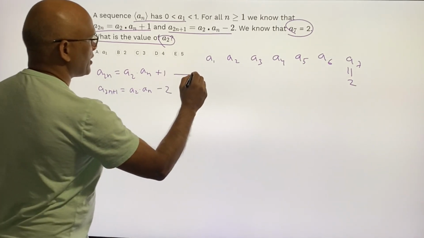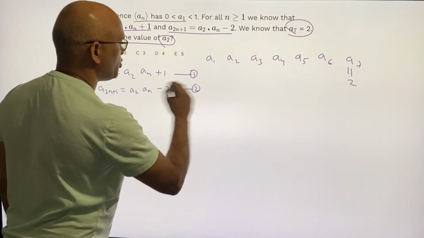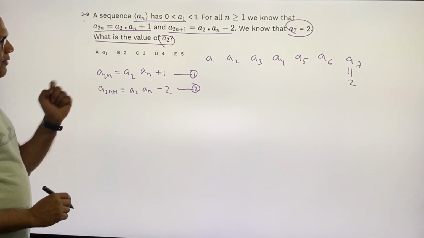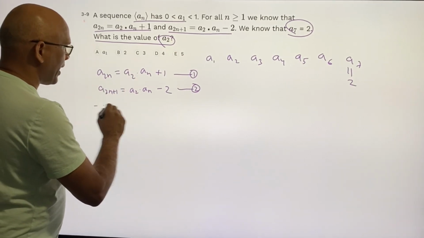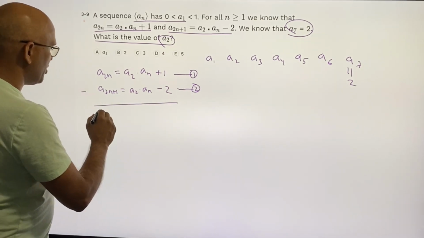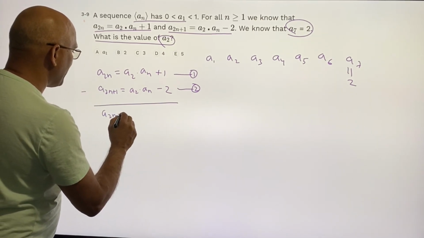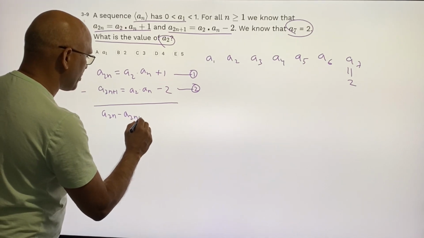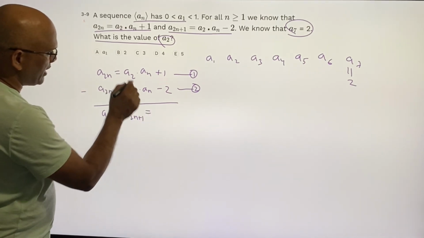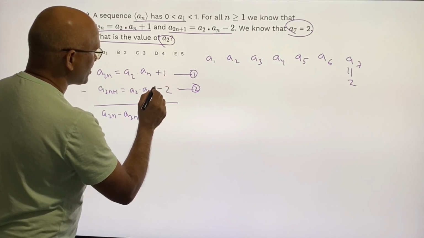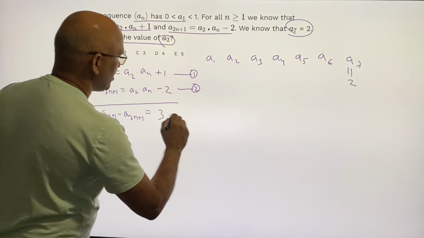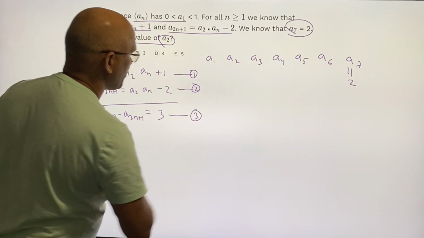Let me call these equation 1 and equation 2. I can see that the a_2 a_n terms are the same, so I can subtract: a_2n minus a_(2n+1) is equal to, this term will cancel out, 1 minus minus 2, that is 3. So this is equation 3.